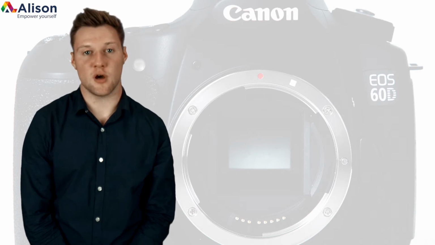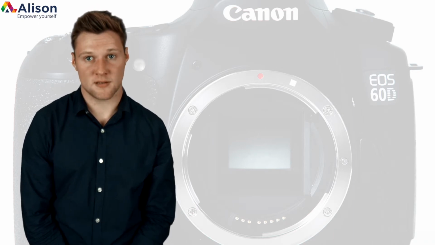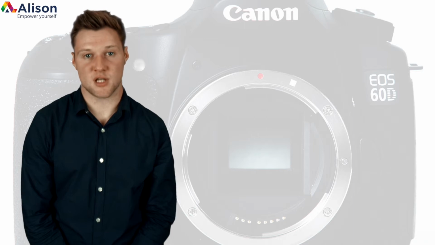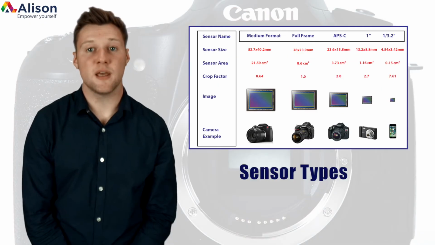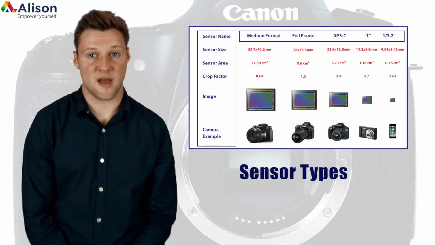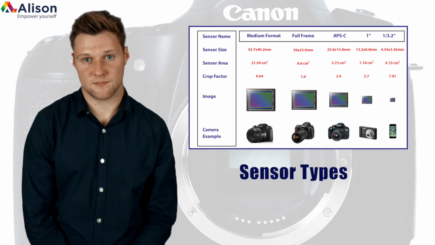The evolution of digital technology has meant that there are different sensor types and sizes available on the market today. Photographers now have the choice between many different cameras with differently sized sensors, and most are within the same price range. Like a lot of things, each sensor type has both advantages and disadvantages.